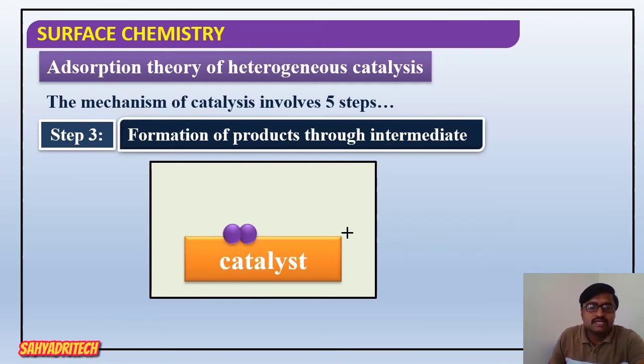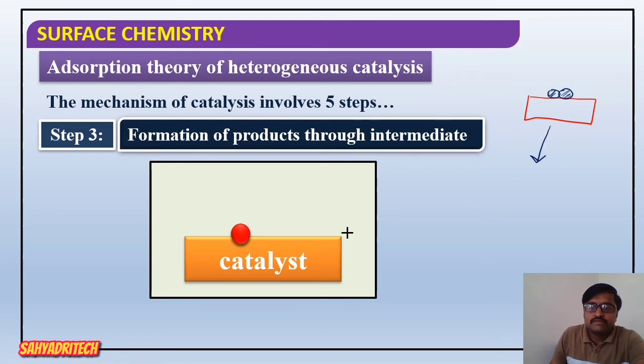So these reactant molecules interact. Whatever reactant molecules I showed earlier, they came close enough. First they diffused, then adsorbed. When adsorbed, they come very close to one another so that they interact.